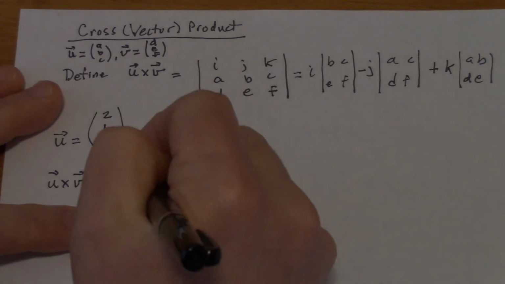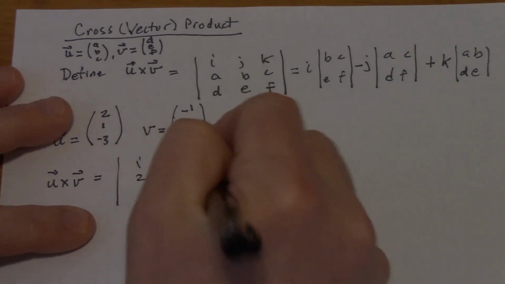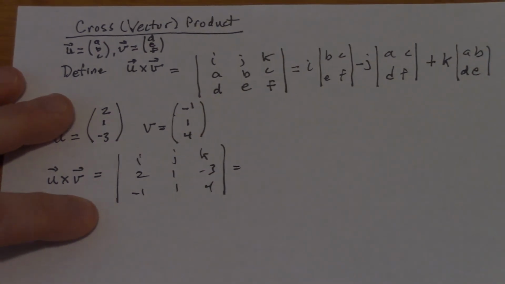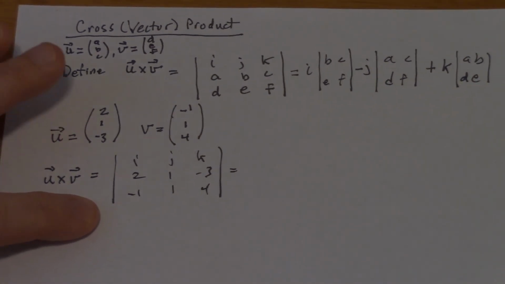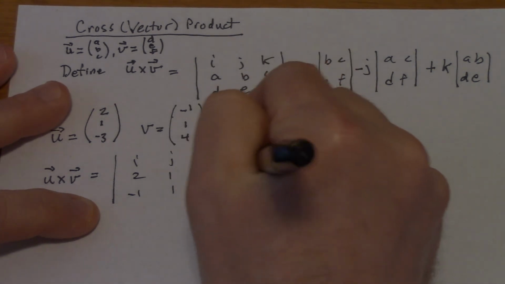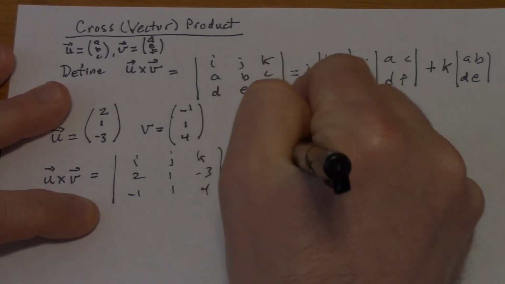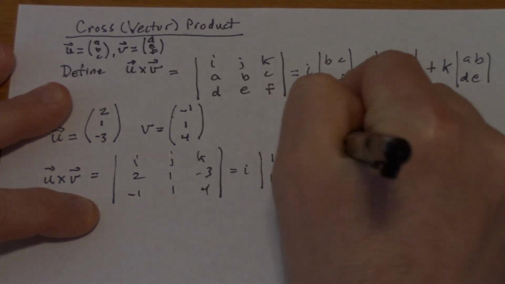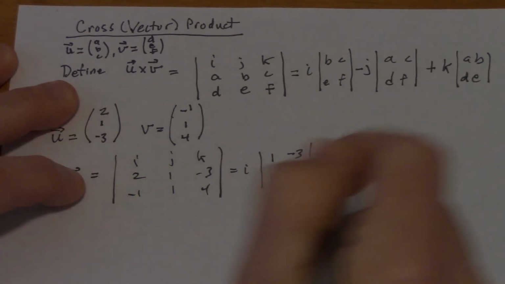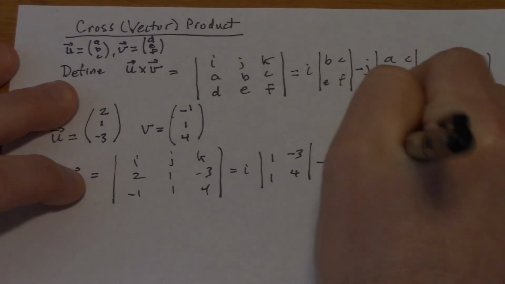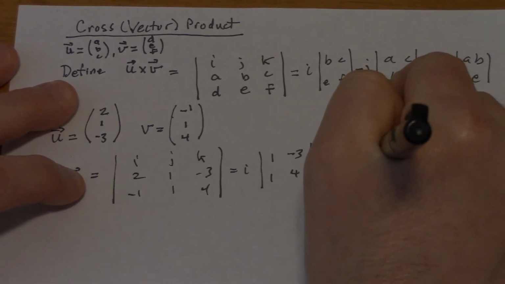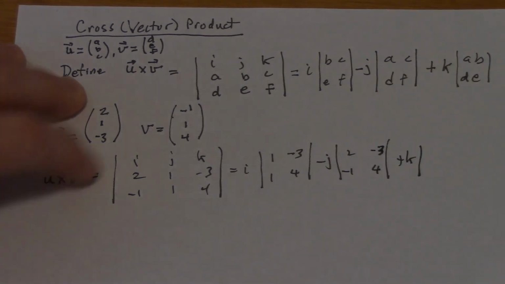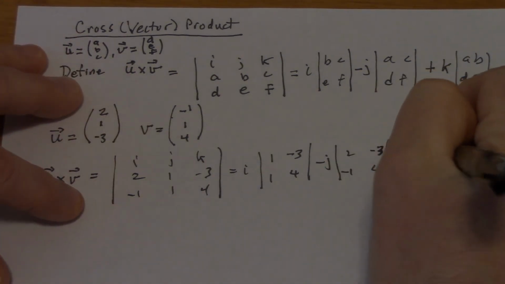So we're going to have 2, 1, minus 3, and minus 1, 1, 4. Okay, and then we'll break out under our minors. So we've got I times 1, negative 3, 1, 4, minus J, and then 2, negative 3, negative 1, 4. Plus K, and 2, 1, negative 1, 1.